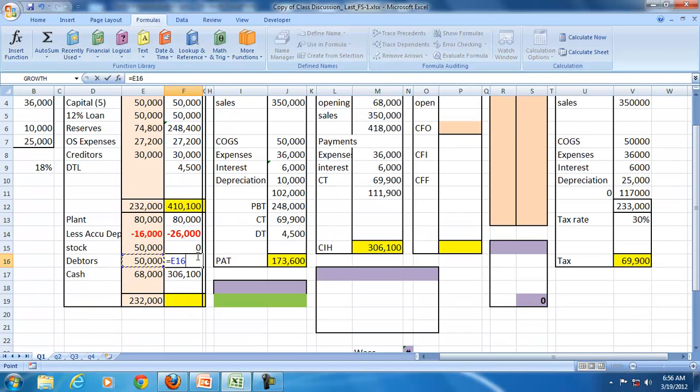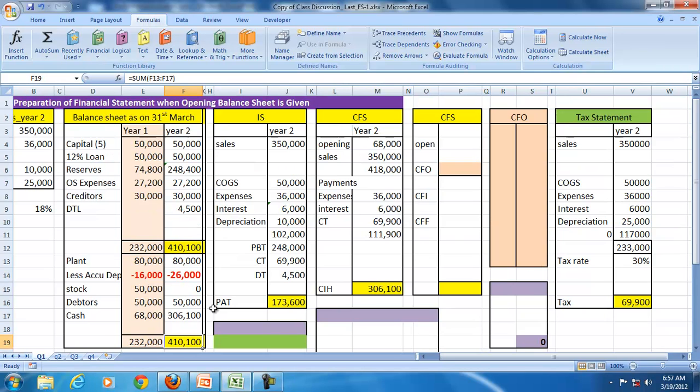No change in the debtor. So the sum of all assets, the summation of plant, stock, debtors and cash, is 410. So we have converted a set of transactions into financial statements.